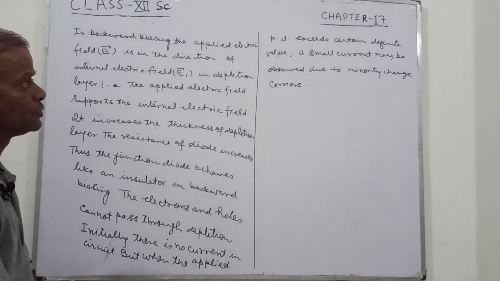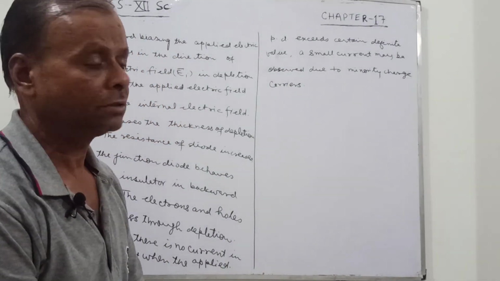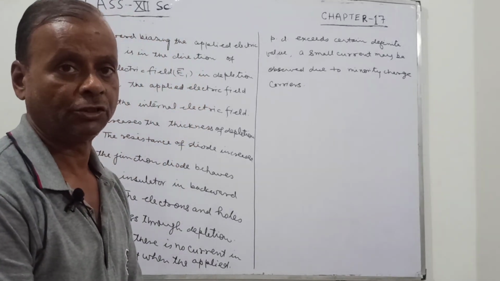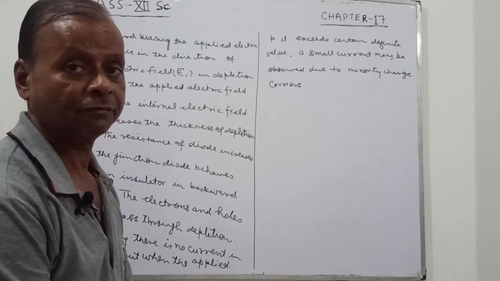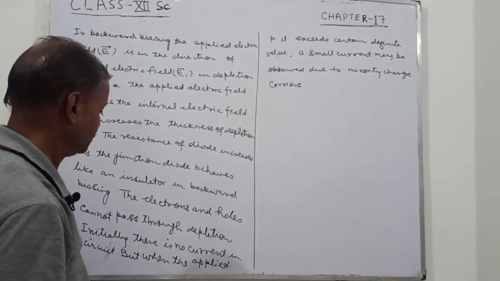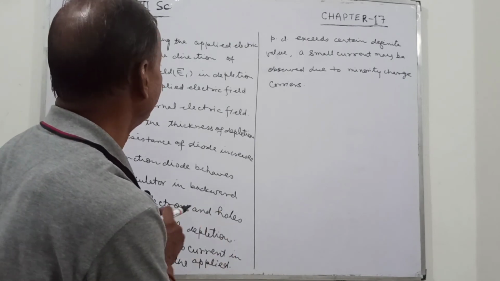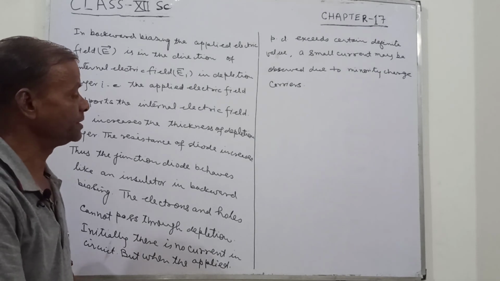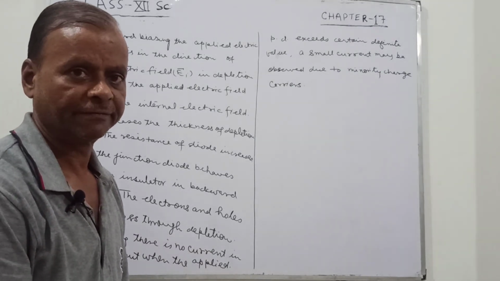Minority charge carriers are those which are produced during the application of the electric field. So this is what happens in case of backward biasing.